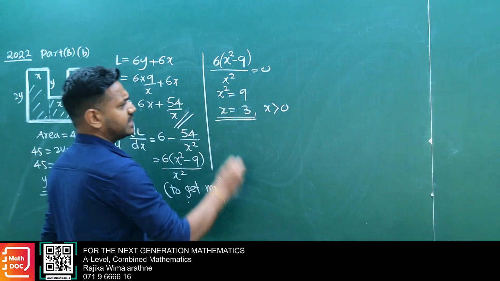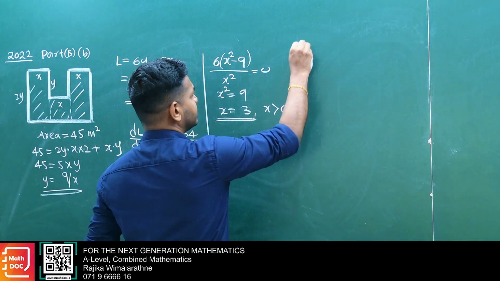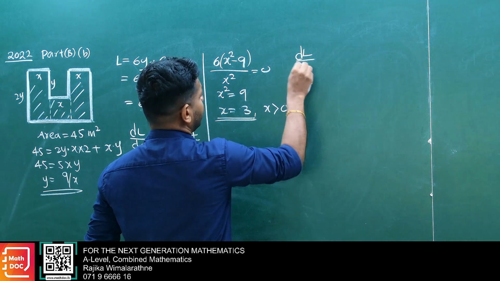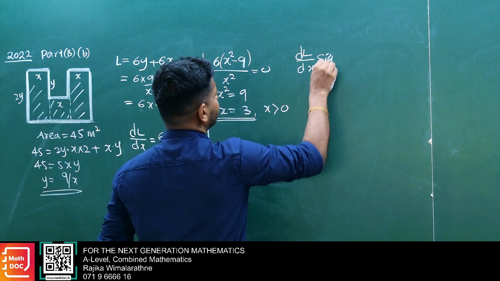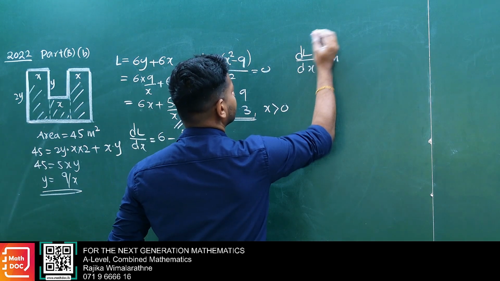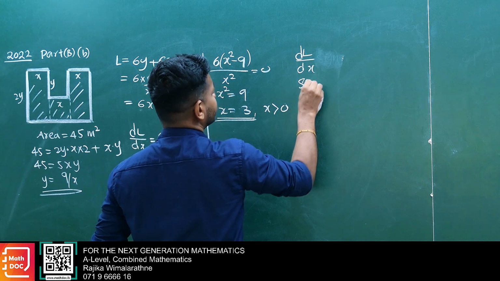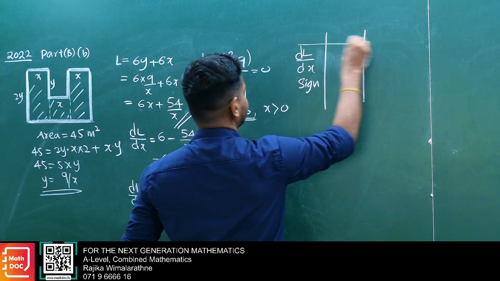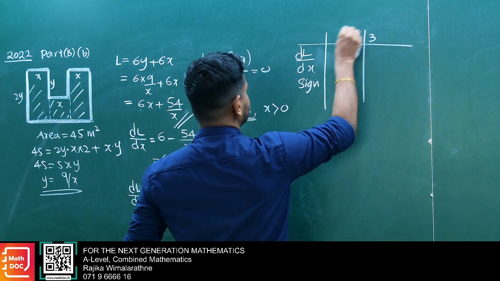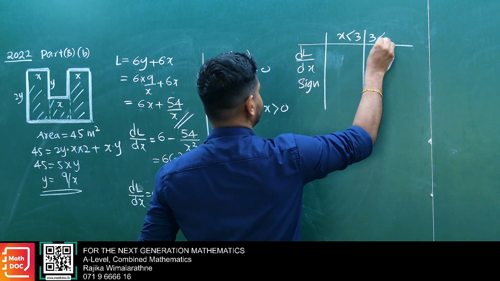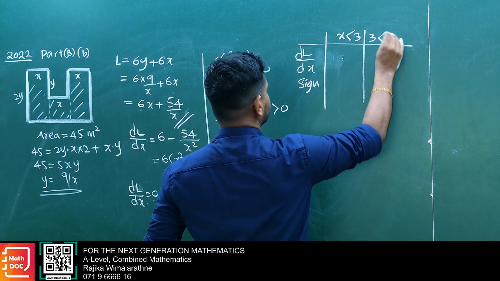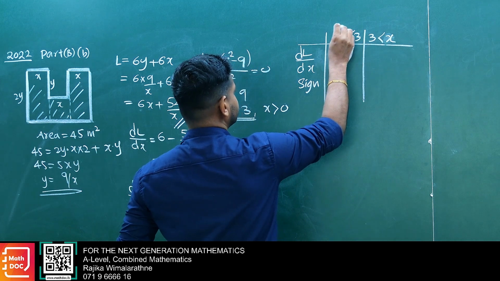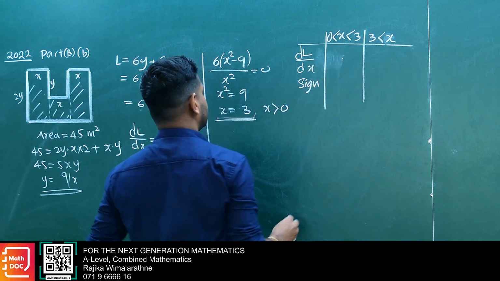Then x equals 3. Now check the sign of dL divided by dx about this x equals 3, for x less than 3 and greater than 3. At 3 it is 0.